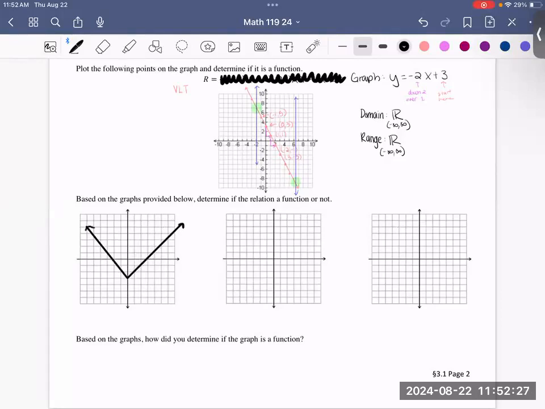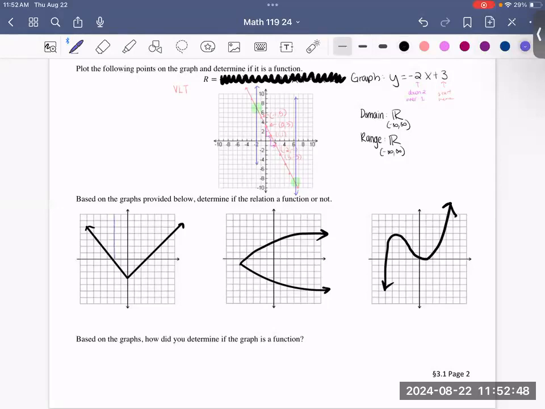Let's see. And there you have it. So figure out, do we have a function or not?